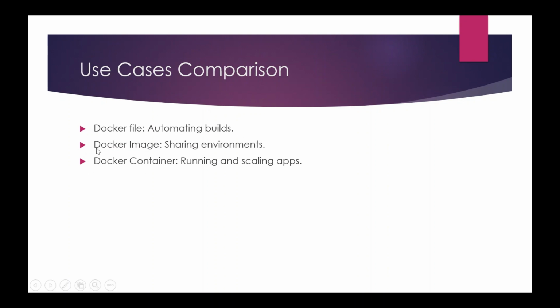Okay, we use a Docker image to deploy your application consistently across environments, so that your application will be running in every environment without any failure. For a Docker container, we use it to run and scale all the apps.